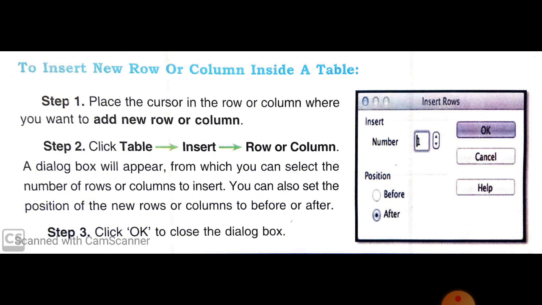Step 2. Click table, then insert, and then row or column. A dialog box will appear from which you can select the number of rows or columns to insert. You can also set the position of the new rows or columns to before or after. Step 3. Click OK to close the dialog box.